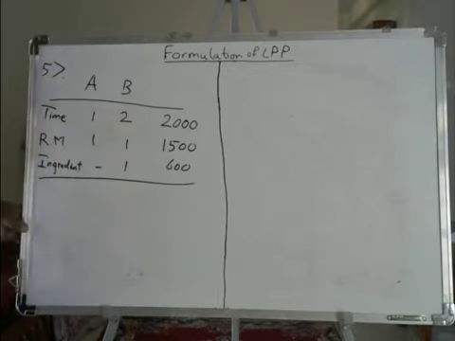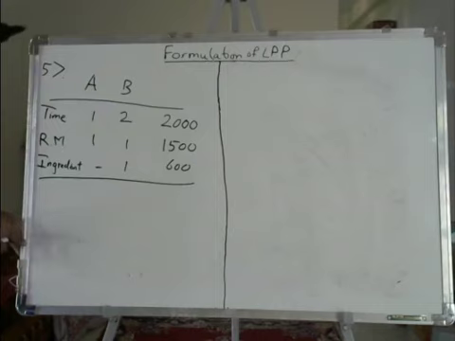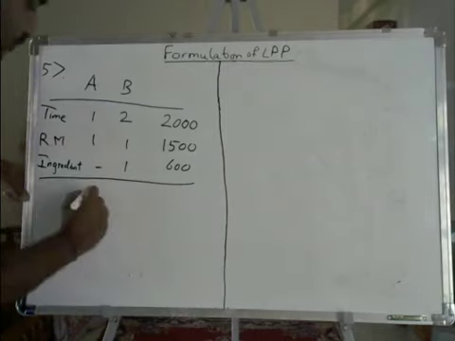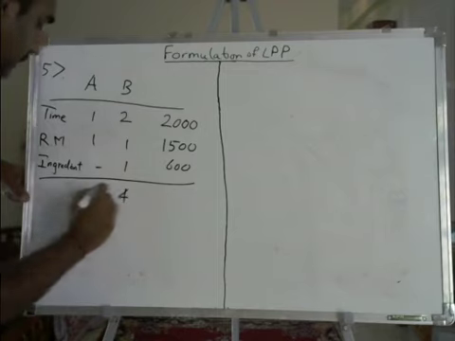If we see the profits of each product, it is 2 rupees for product A and 4 rupees for product B.